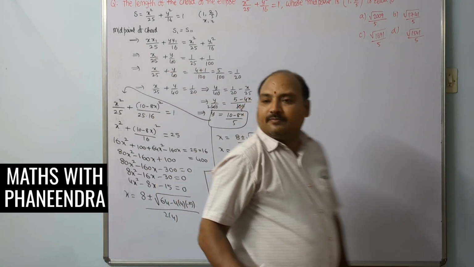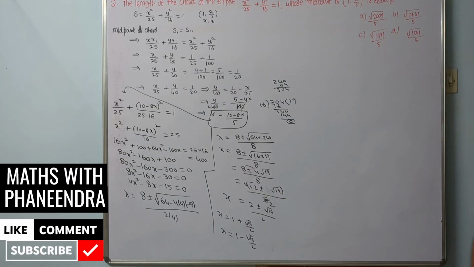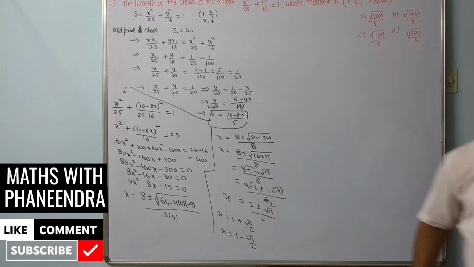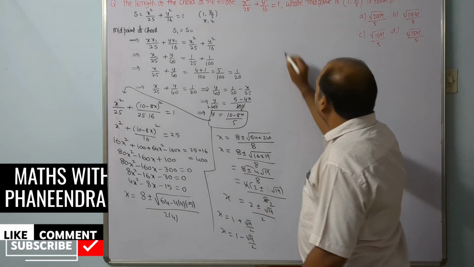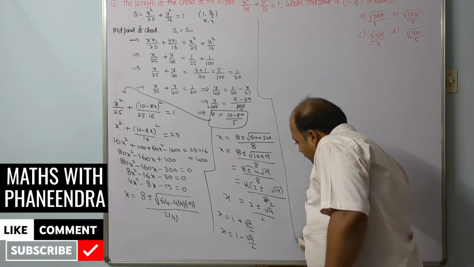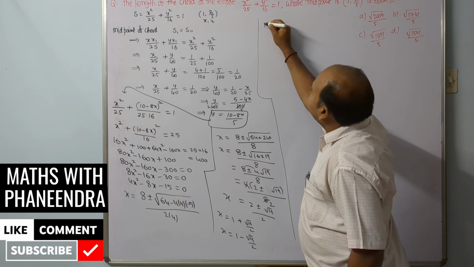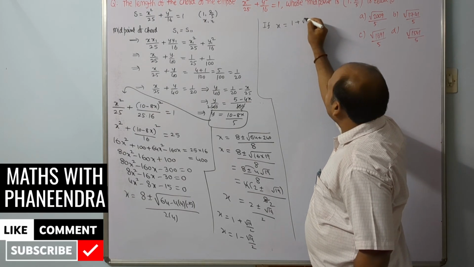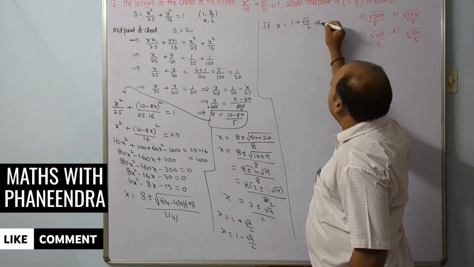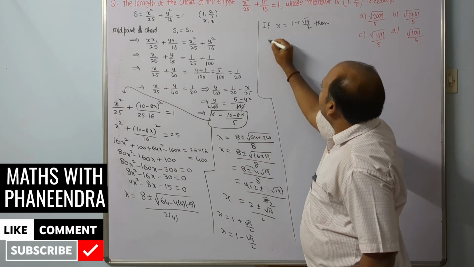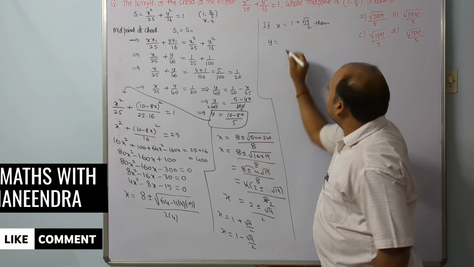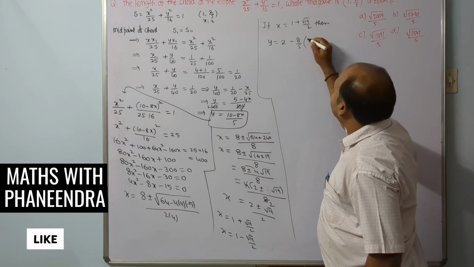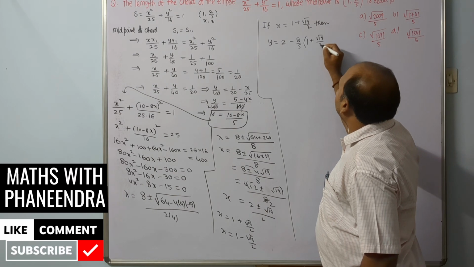Now we will go for y values, dear students. This is x1, this is y1. If x = 1 plus root 19 by 2, then y = 2 minus 8 by 5 into x, with x being 1 plus root 19 divided by 2.